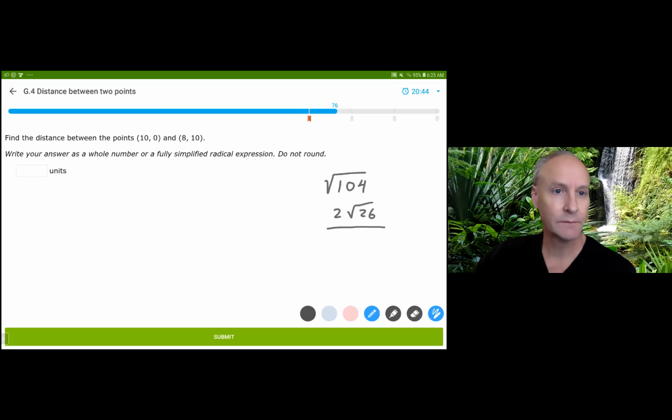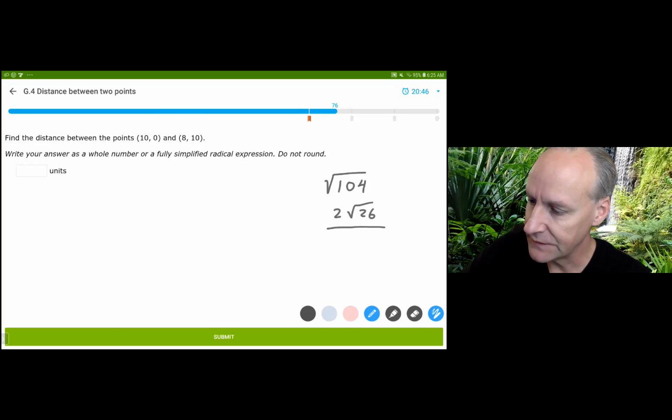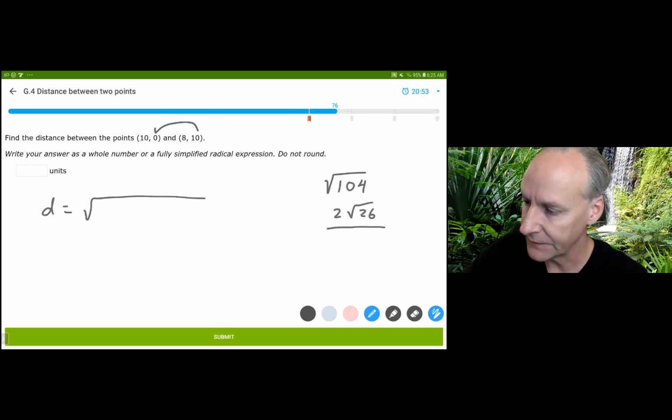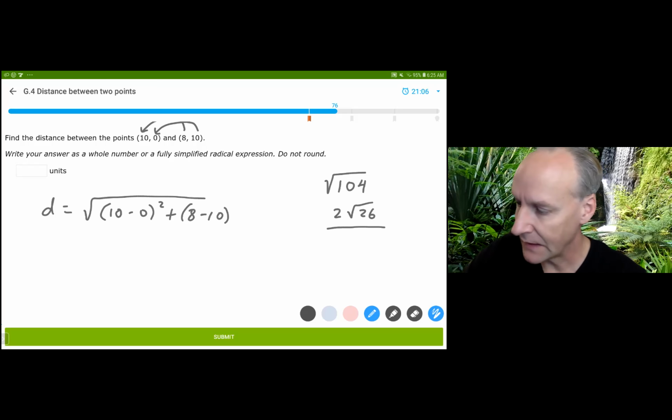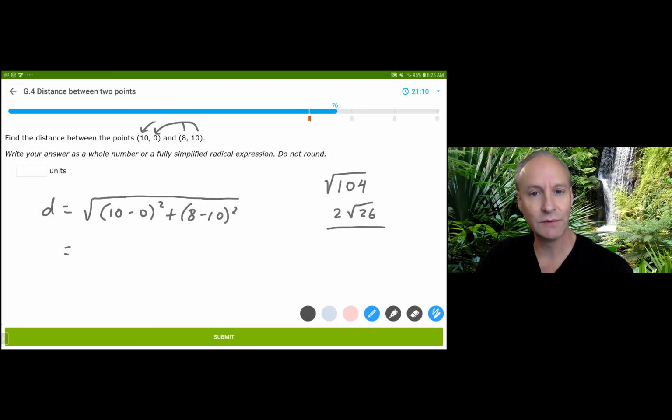So let's do distance is the square root of the difference in the y's. And I'm just going to make my little arrow this time. It's a little different, kind of different methodology here. 10 minus 0 squared. And here's my 8 minus 10 squared. And remember, the order doesn't matter for distance formula, but it does matter when you're doing the slope.